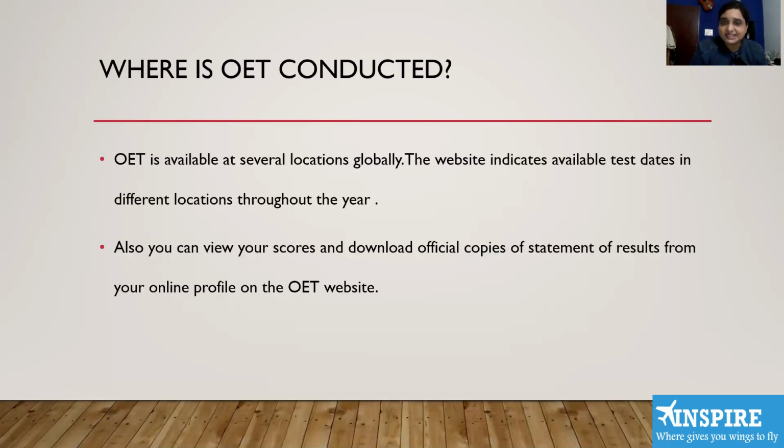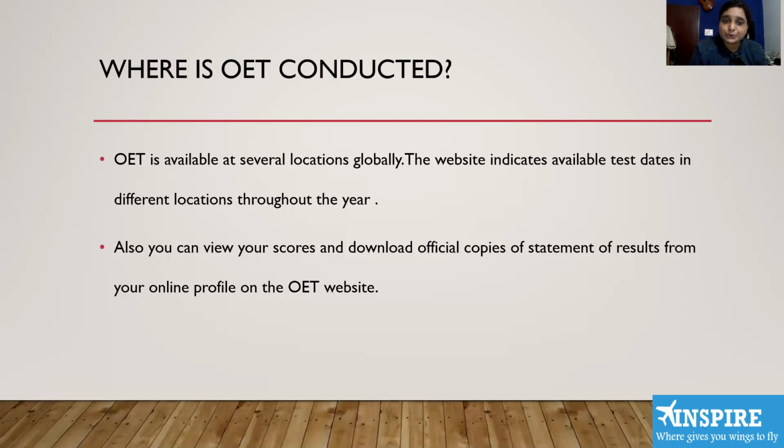So, where is OET conducted? OET is available at several locations globally. The website indicates available test dates in different locations throughout the year. So OET has its own website, and from that website you can choose your own place and date for taking this OET test.